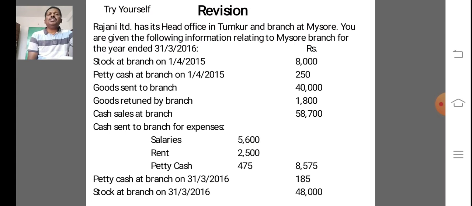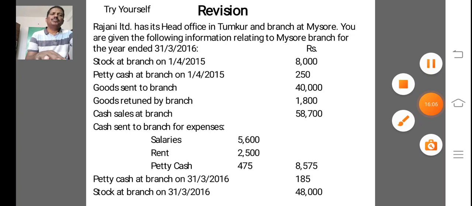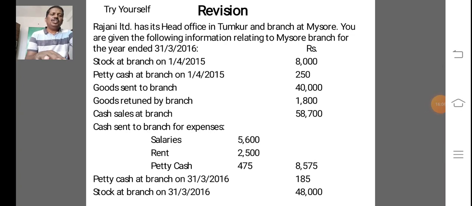So based on this information, you prepare the Mysore Branch Account in the books of Tumakuru head office. Problems of this type are asked in examinations.